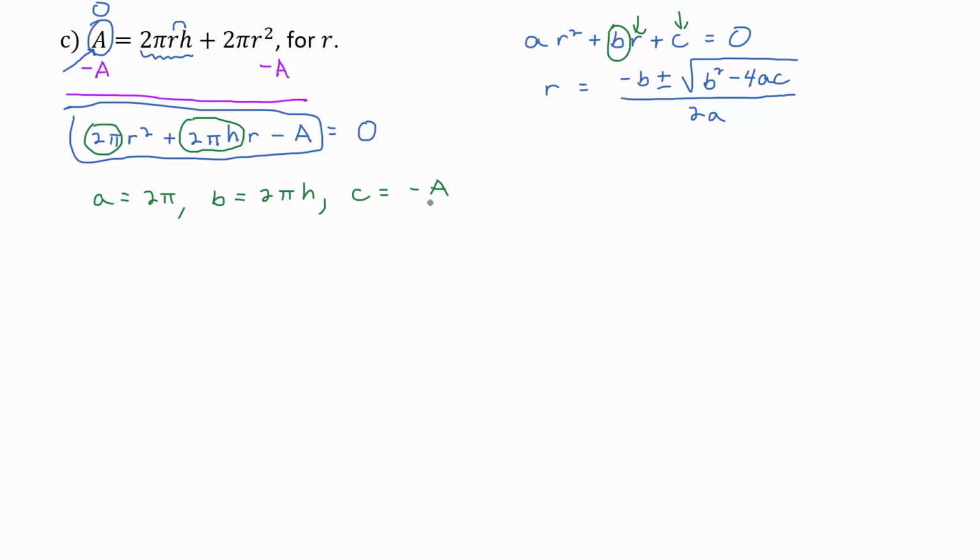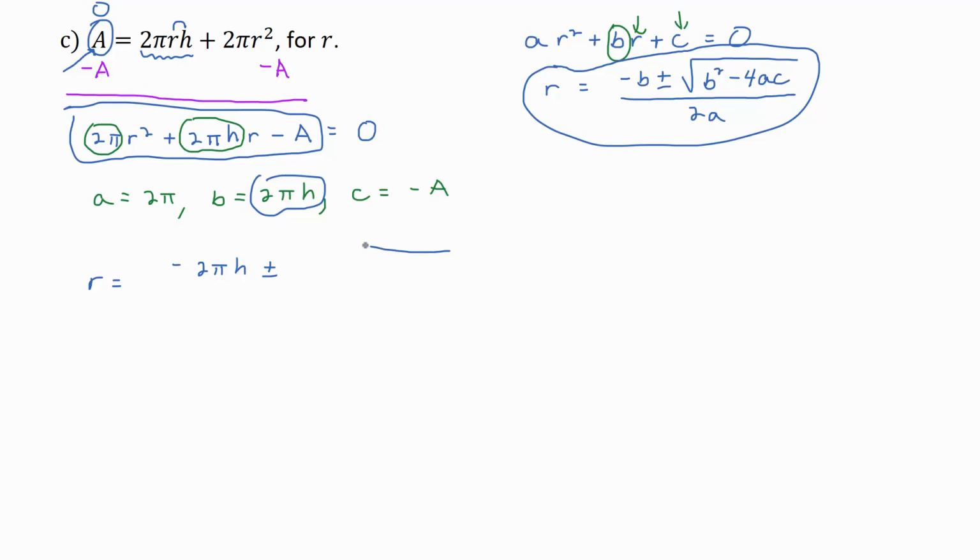Once you've identified a, b, and c, you plug and chug into the quadratic formula. So I'm looking at this equation, plugging into this formula, and I get the opposite of b, the opposite of 2 pi h, negative 2 pi h, plus or minus. We'll talk about the plus or minus in a few minutes, whether or not the minus needs to be there.